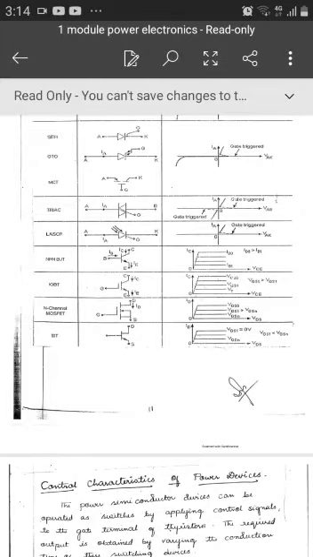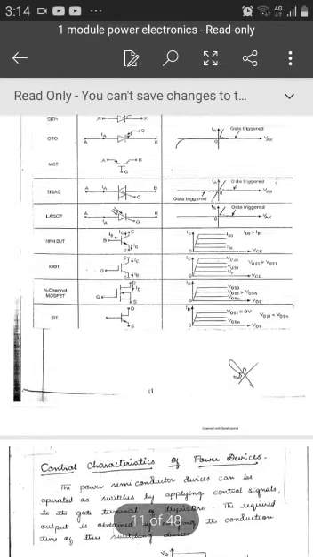Next one is the IGBT, insulated gate bipolar transistor. The control part of the IGBT is similar to the MOSFET and the output part is similar to BJT.